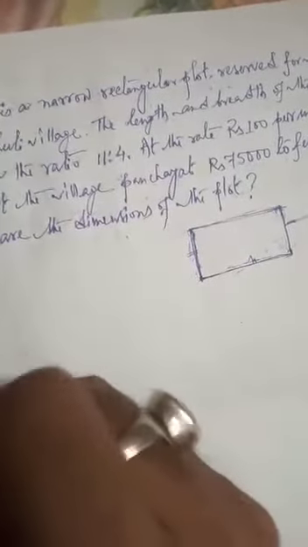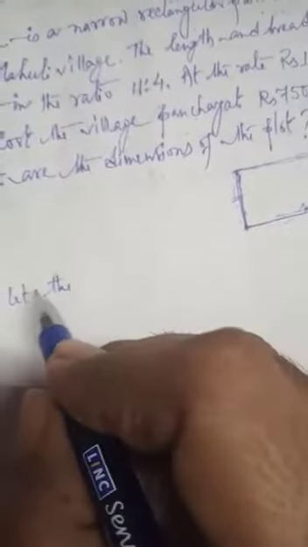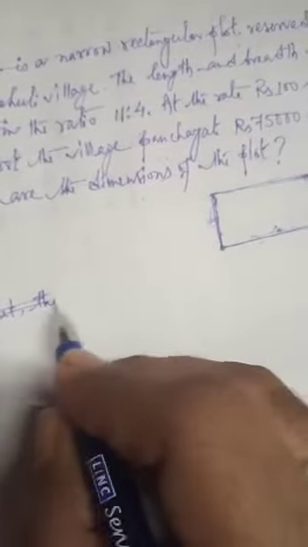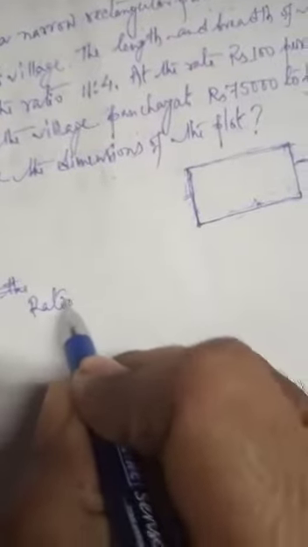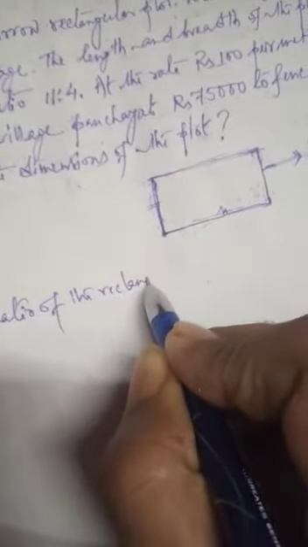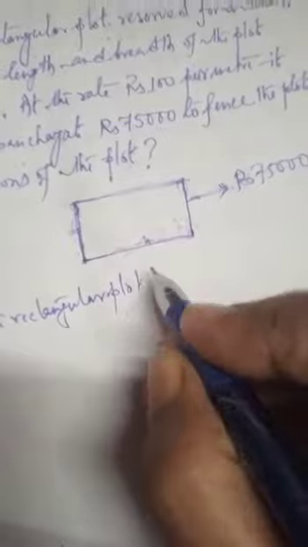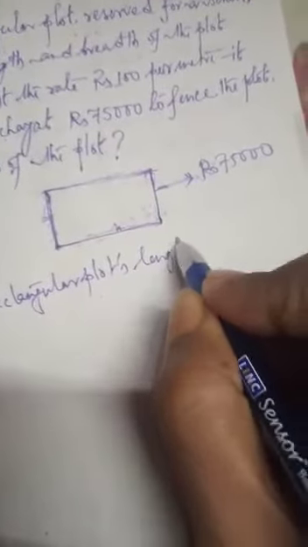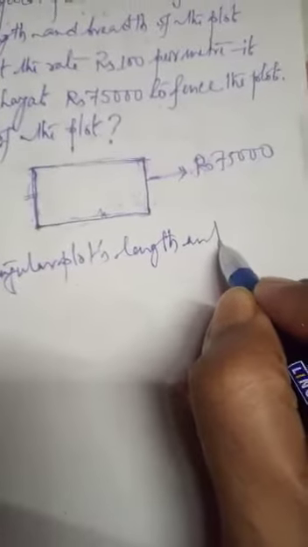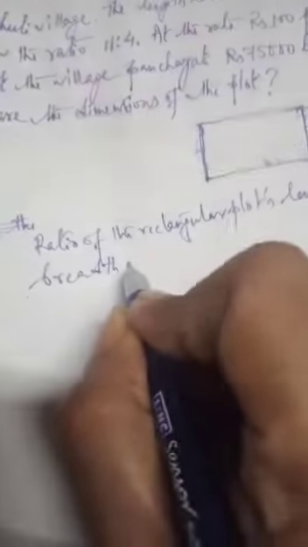As the ratio is given, we can assume that the ratio of the length and breadth of the rectangular plot is 11:4.